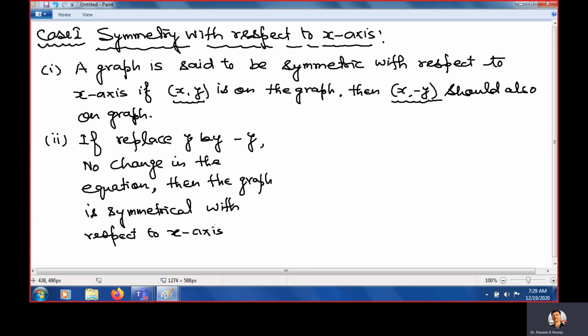These are the two things and both are the same. Clear? Here we are saying if we replace y by minus y. Yes, here we are replacing y by minus y.